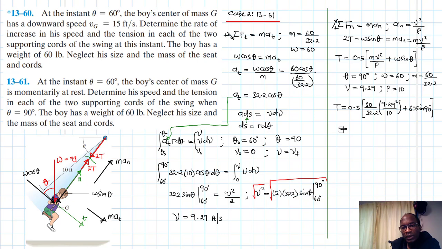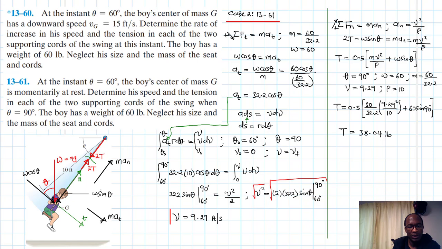So working this out, our T comes out as 60 divided by 32.2 by 9.29 squared divided by 10, plus 60 sine 90, which is 1, and by 0.5. So we get 38.04 pounds. Alright, I think this is about it.